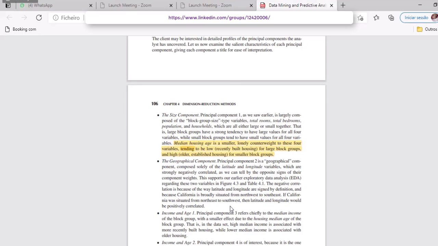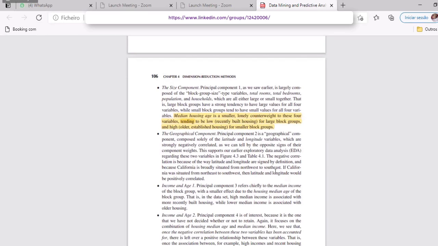Because the location of the houses needs to be coherent with the space that we have available for them, right? Yeah, so this negative correlation doesn't mean anything because it's only about the nature of the longitude and latitude.